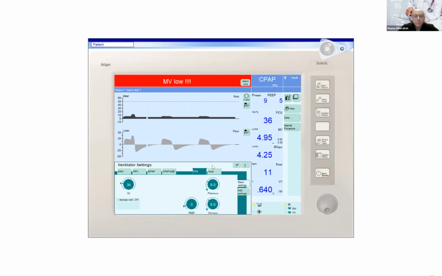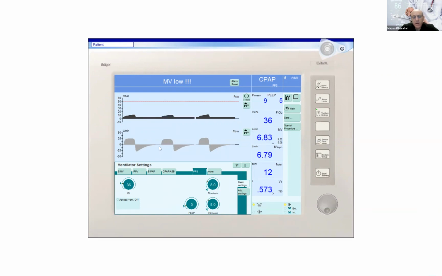And then you can modify the flow assist and volume assist to obtain a flow waveform similar to a normal or spontaneous one. A spontaneous flow waveform is kind of a sinusoid flow waveform, and that's what you see here.